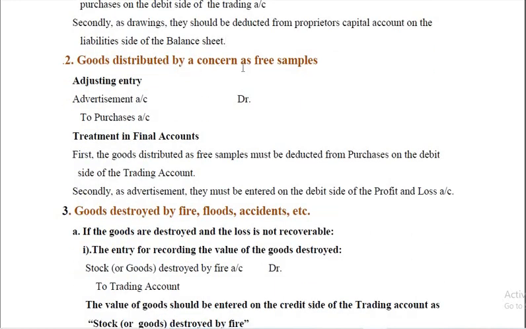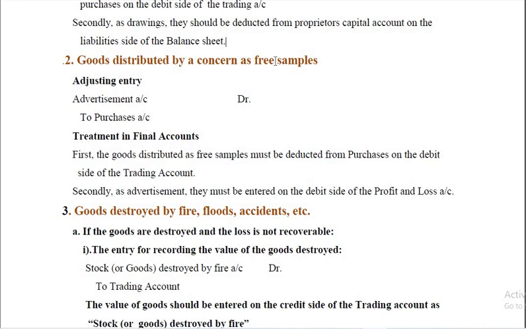Second one is goods distributed by a concern as free samples. These goods are distributed as free samples. That means they are not sales. But out of the purchases, that much of goods go out of the business. Therefore, these goods purchased are not meant for sale. Therefore, that is to be deducted from purchases.